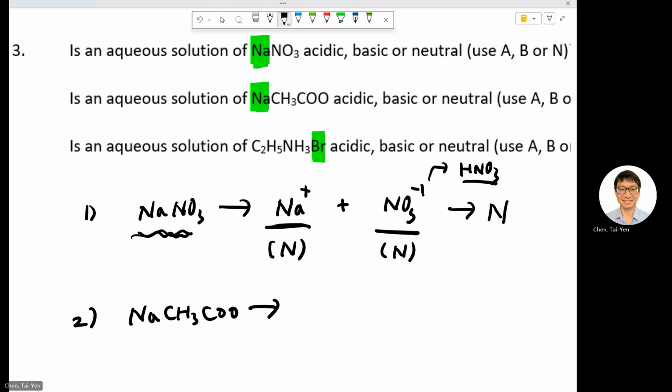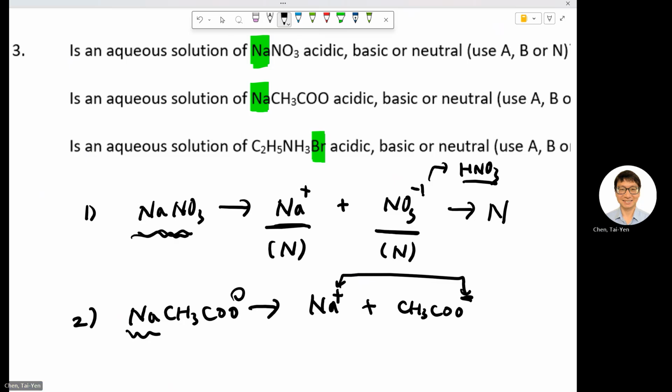Second, NaCH3COO. Again, you see this 1A element, right? Therefore, you write out Na plus and put everything that remains, CH3COO minus, so that 1 plus and 1 minus equal the neutral state.